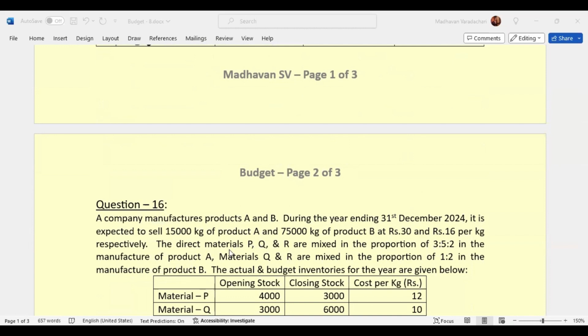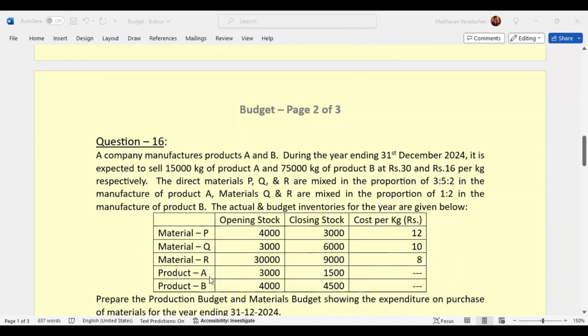The direct materials P, Q, and R are mixed in the proportion of 3:5:2 in the manufacture of product A. Materials Q and R are mixed in the proportion of 1:2 in the manufacture of product B. The actual and budget inventories for the year are given below.